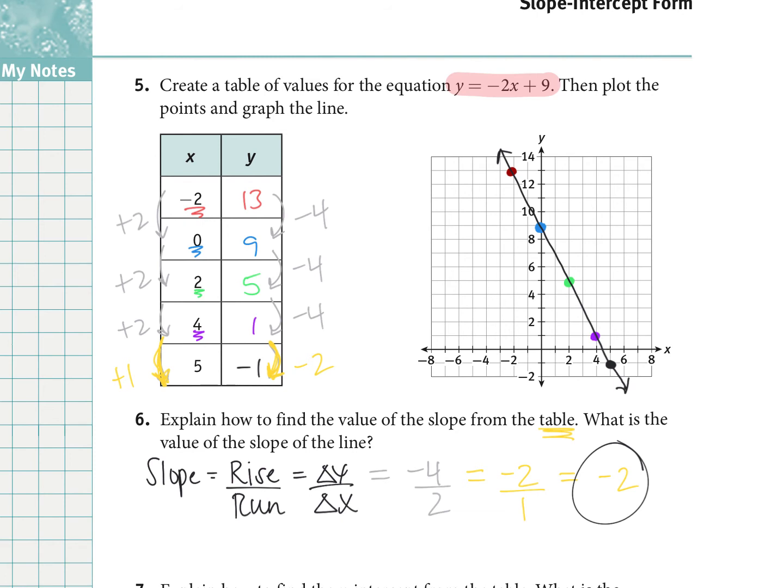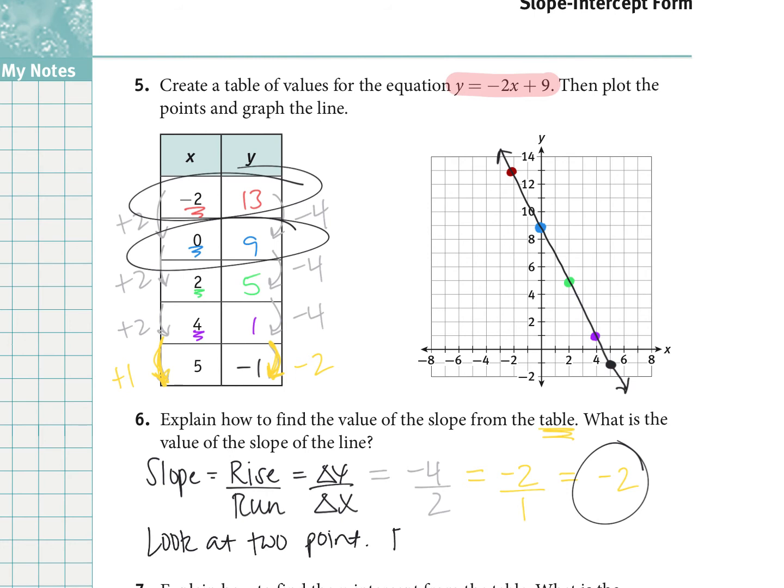So let's start off saying that we looked at our change in y values and our change in x values. And we wrote the ratio of the change in y over the change in x. So let's say, look at 2 points. Like, let's say we're focusing on our first 2 points.